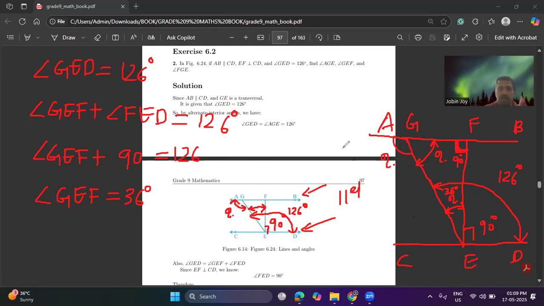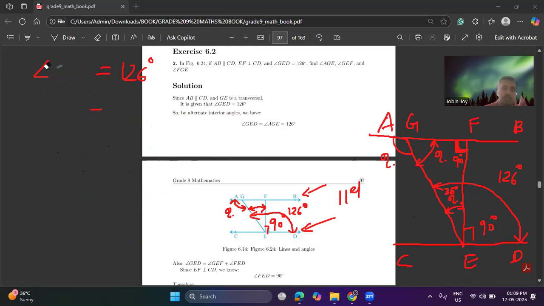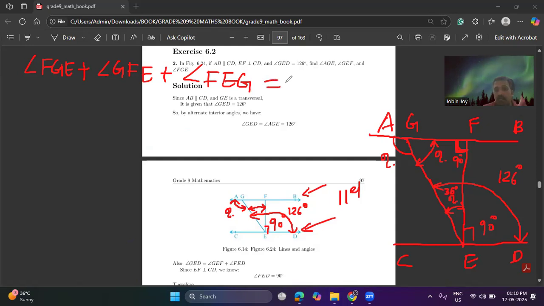So this is a triangle, right? So I'm clearing here. So angle FGE plus angle GFE plus angle FEG is equal to 180 degrees because it's a triangle.